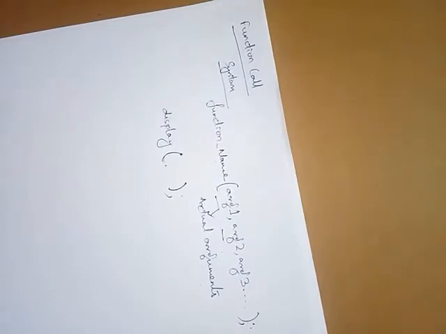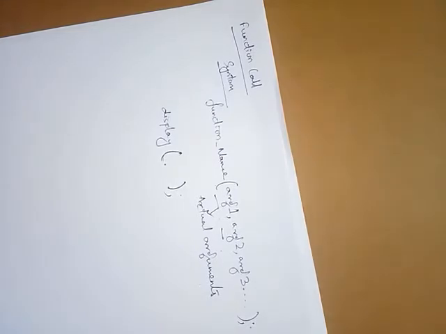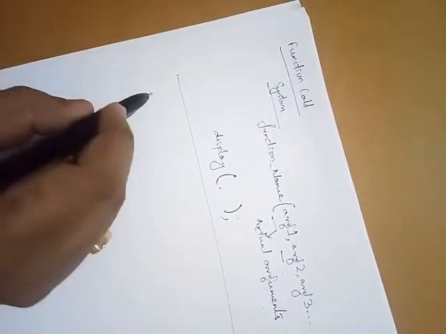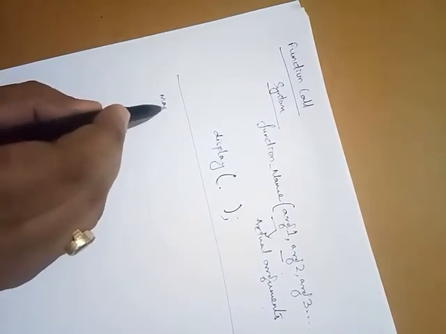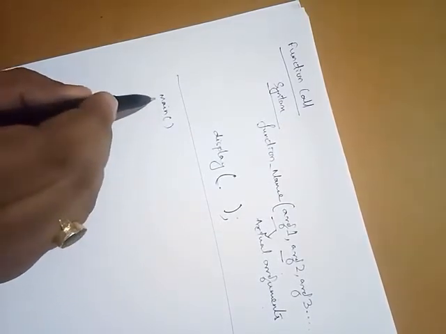Okay, there are two other terms like calling function and called function. You must know what is calling function and what is called function. So I am writing one example. Suppose here we are writing the main function.